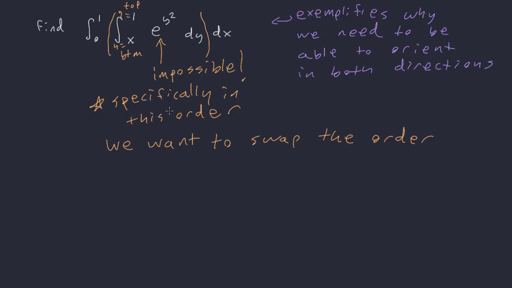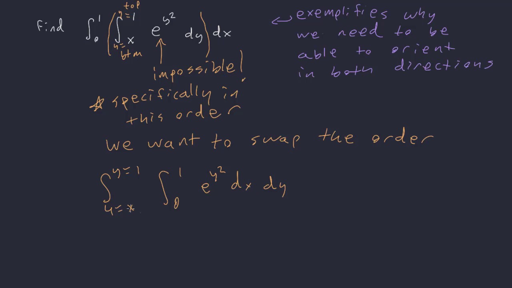Right? However, we can't just do this. We can't just say, oh, if I just want to switch the order, then I'll just switch the order. First of all, it does not work that way.